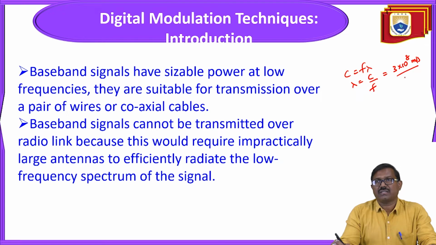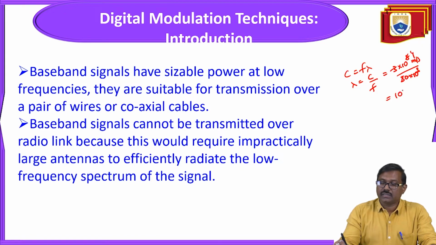The frequency in baseband is in kilohertz, so roughly take 30 kilohertz, that is 30 × 10^3. Cancelling, it is 10^4 meters, which is 10 kilometers. Such a height is impracticable for placing the antenna.